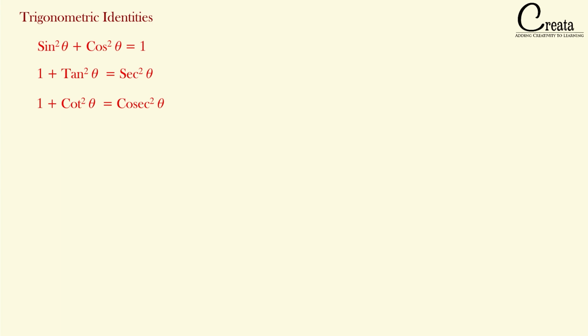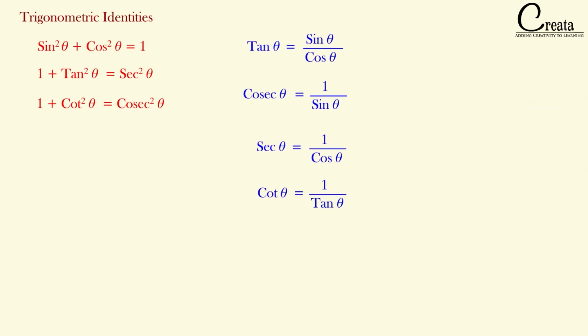Okay. Further, the other type of formulas that will be used is these formulas. Tan theta is sine theta upon cos theta. Cosec, sec and cot are the reciprocal of sine, cos and tan respectively. That is, cosec is 1 upon sine, sec is 1 upon cos, and cot is 1 upon tan. We can also rewrite this in the opposite format, like sine is equal to 1 upon cosec, cos is equal to 1 upon sec, and tan is equal to 1 upon cot.